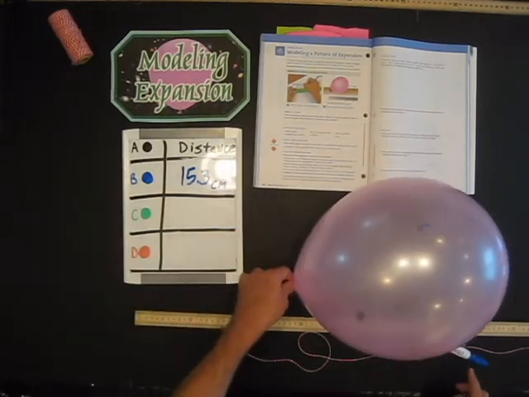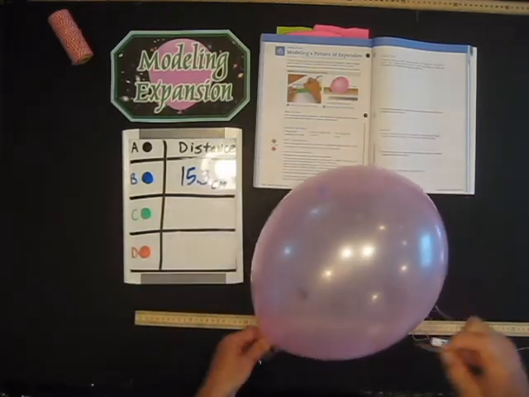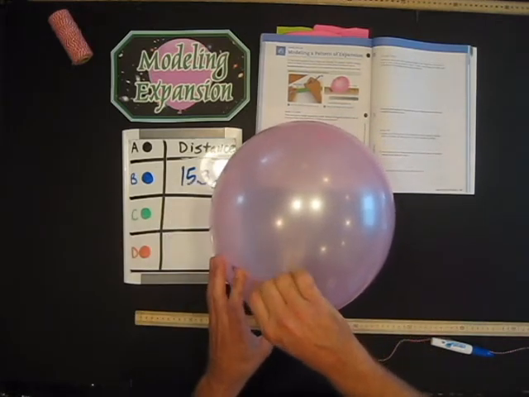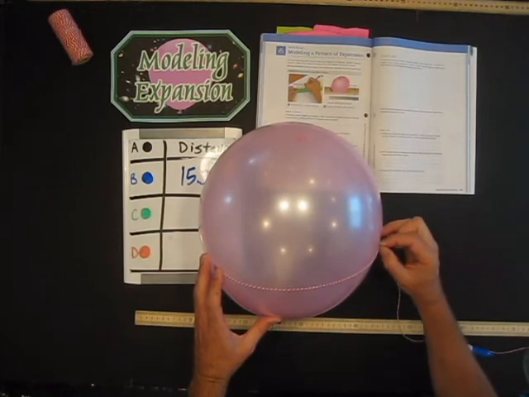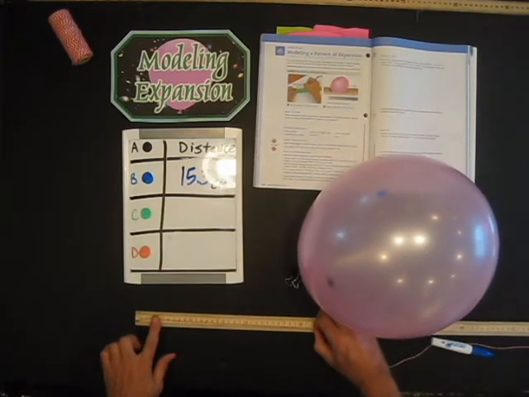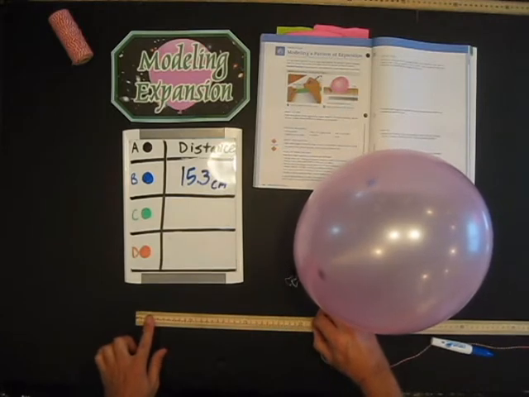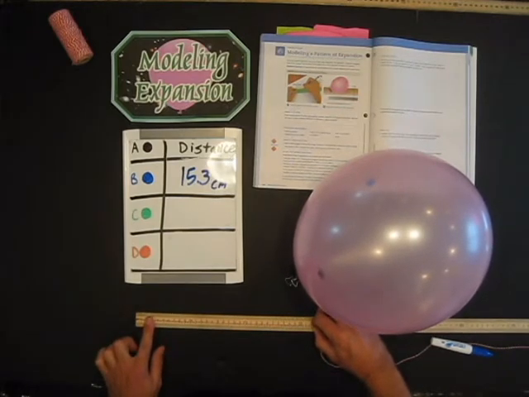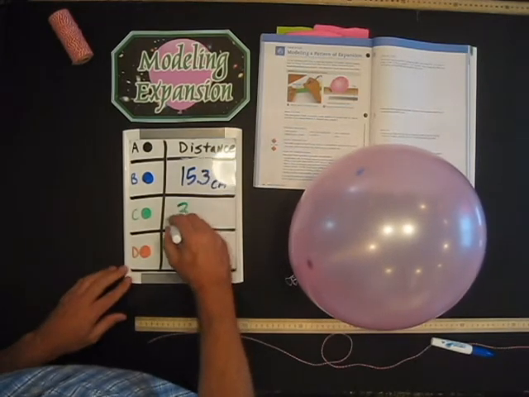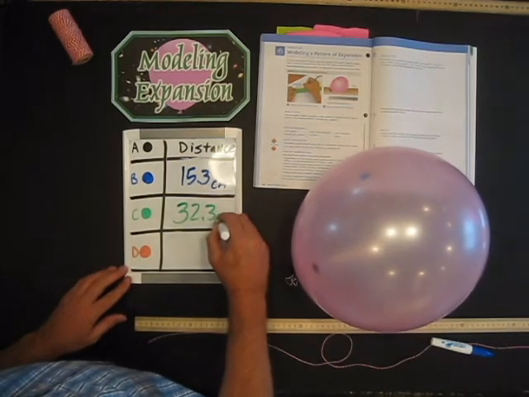Okay, and from the black to the middle of the green, what I have is 32.3 centimeters.